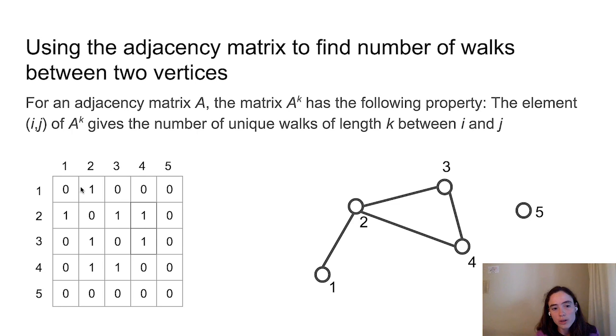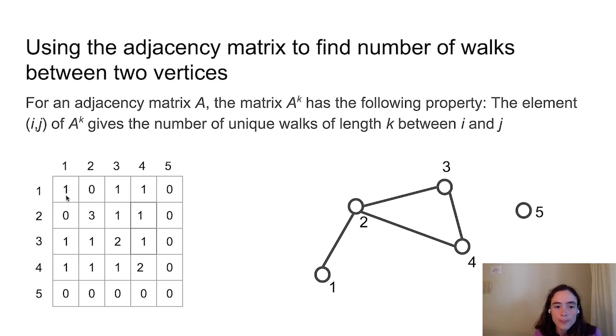And we know that's the case because each one just indicates that there's an edge between the pair of vertices, and that's a length 1 walk. But as we square the adjacency matrix, we can see that the numbers change. In this matrix, each entry should encode the number of unique walks of length 2 between the pair of vertices. So let's check it out.